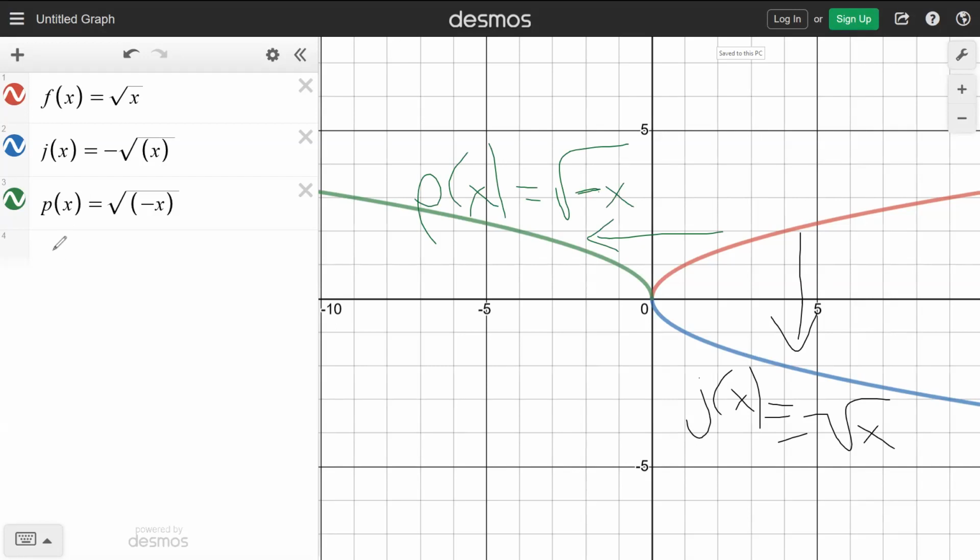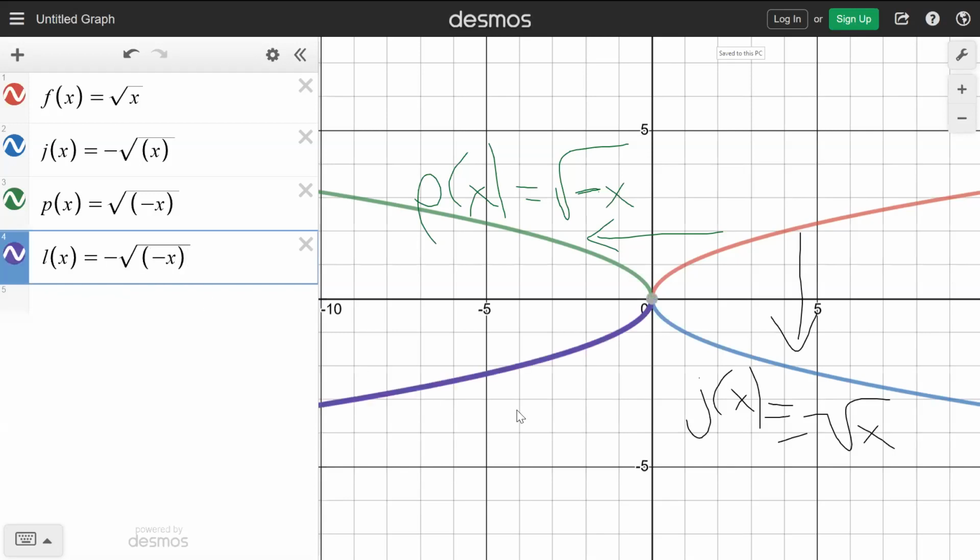And then finally, let's look at what happens if we do negatives on both the inside and the outside. So I'm going to call this function L of x, and that's going to be the negative of the square root of negative x. And notice that now is this graph that ends up down here in the lower corner.